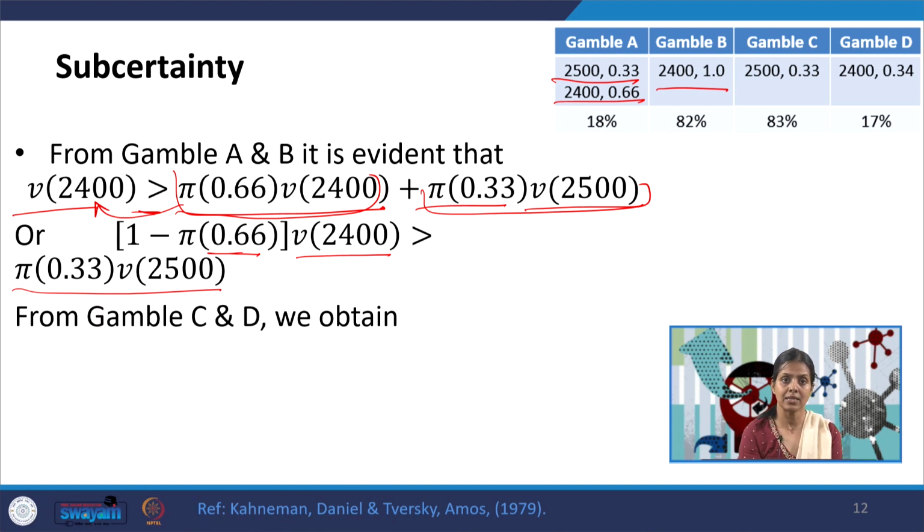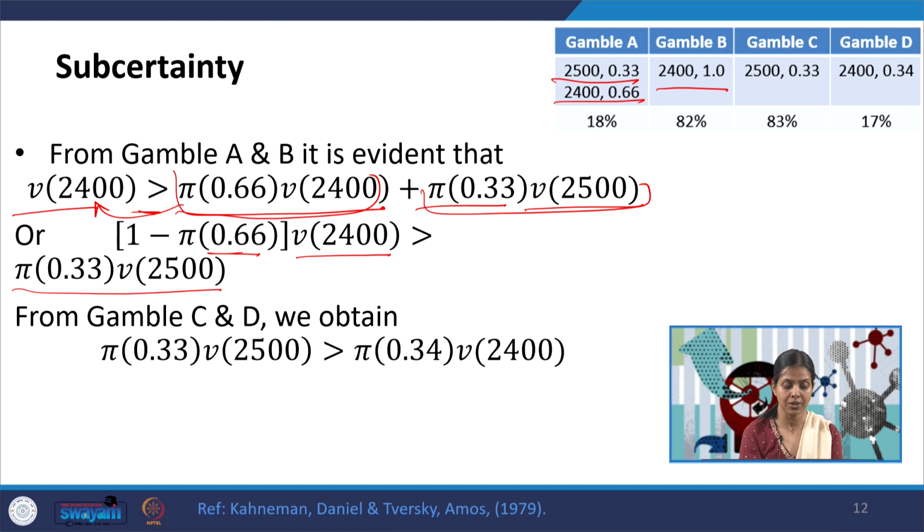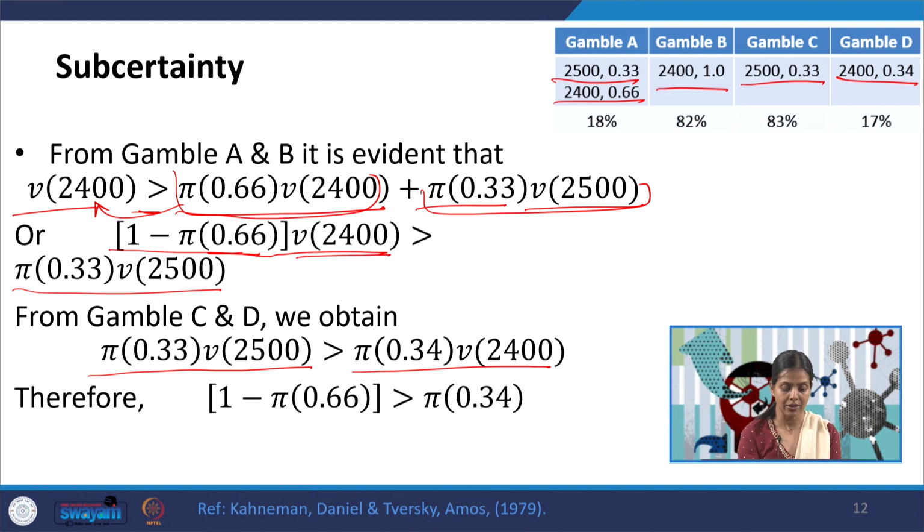Now, from gamble C and gamble D, what do we obtain? We see that π(0.33) multiplied by V(2500) is greater than π(0.34) multiplied by V(2400). Now, what I have written here is [1 minus π(0.66)] V(2400) greater than π(0.33) V(2500).